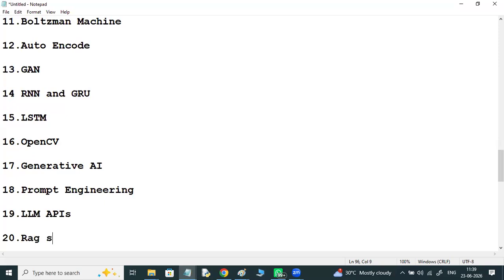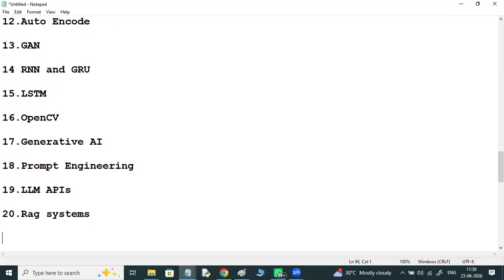RAG systems, retrieval augmented generation systems, right? An AI framework enhancing large language models. And vector databases and embeddings.